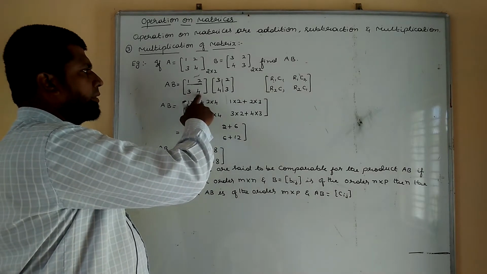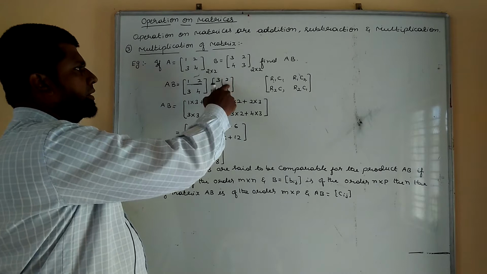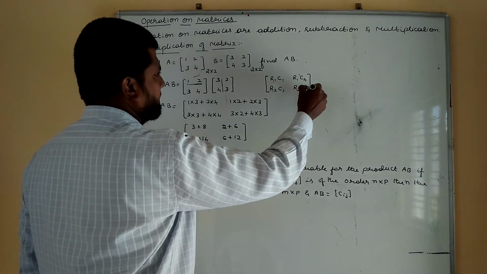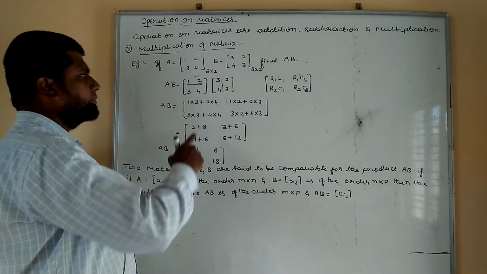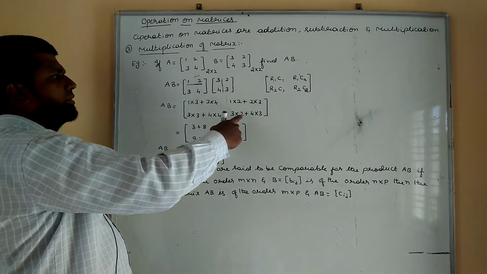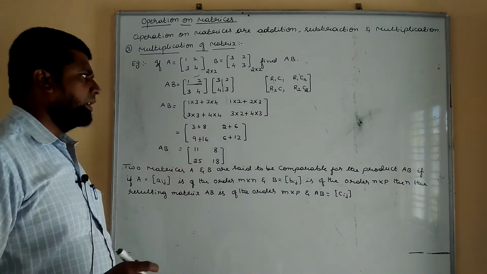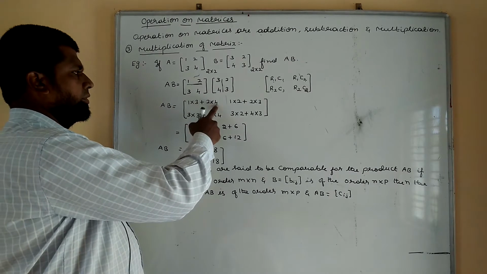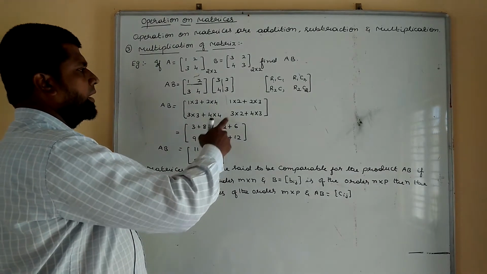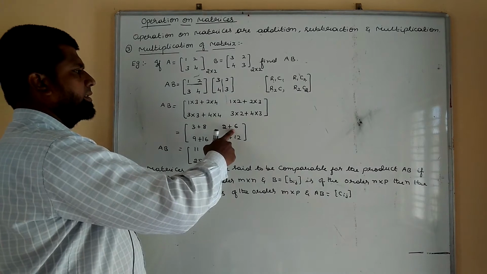Then second row, second column: 3 into 2 plus 4 into 3. So 1 into 3 is 3 plus 2 into 4 is 8. Then 1 into 2 is 2 plus 2 into 3 is 6.